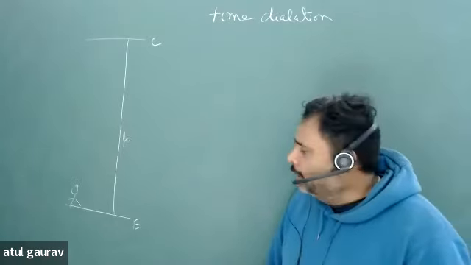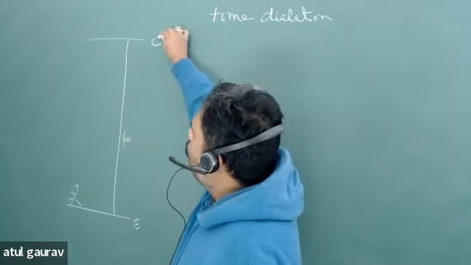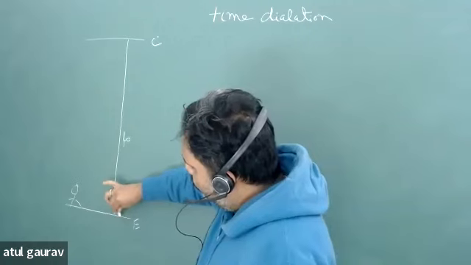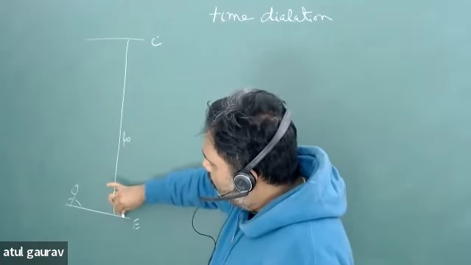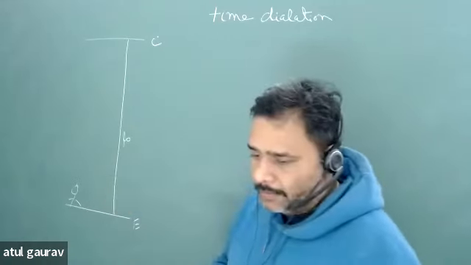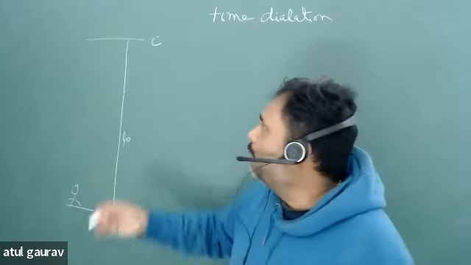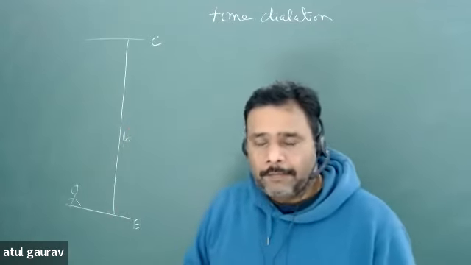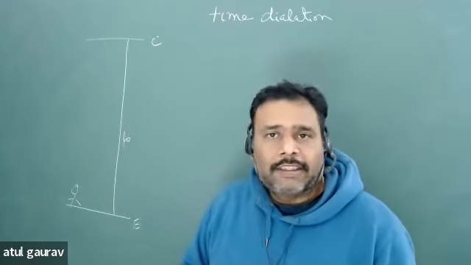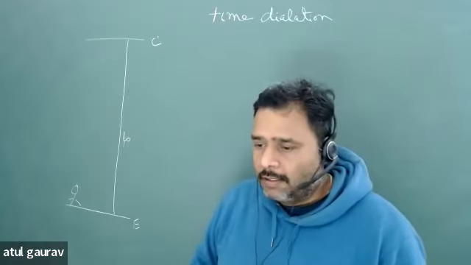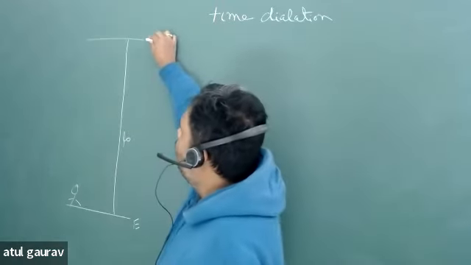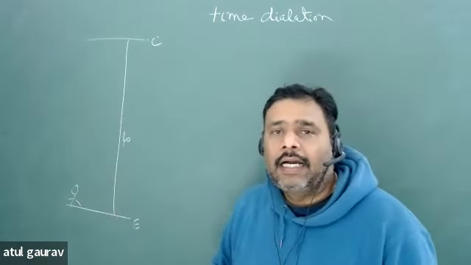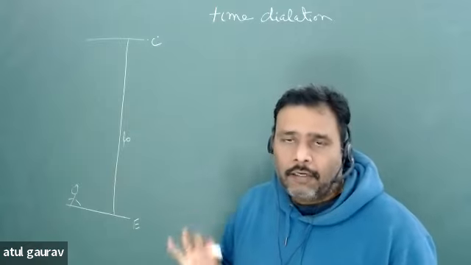So obviously, if something is going to form here, and it will also appear at this point, that means that particle has to travel a minimum distance of L0, isn't it? That means that particle has to travel minimum distance L0.